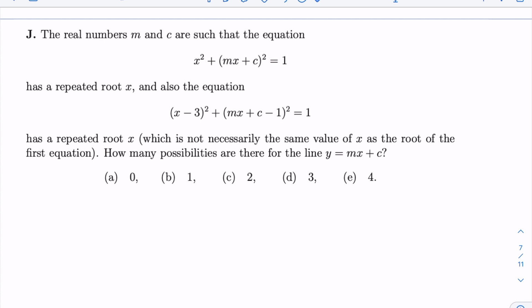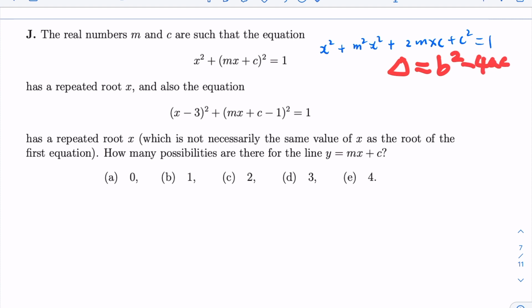The thing most students might be tempted to do is to expand this out. What you get is x squared plus m squared x squared plus 2mxc plus c squared equal to 1, right? And then argue that this is a quadratic equation, and try to calculate the delta, b squared minus 4ac, which has to equal 0.